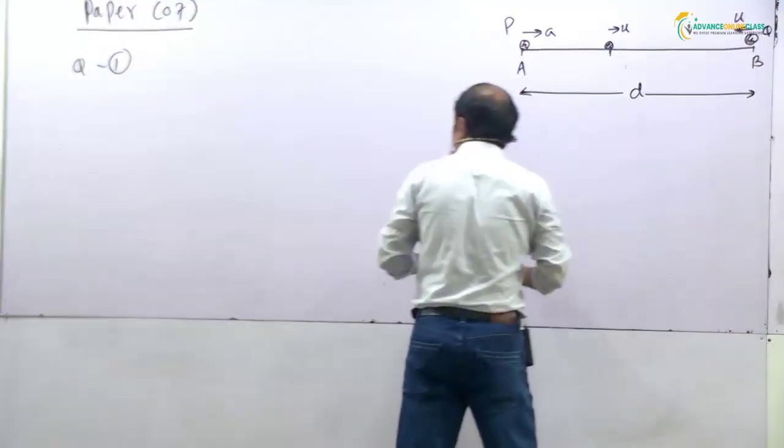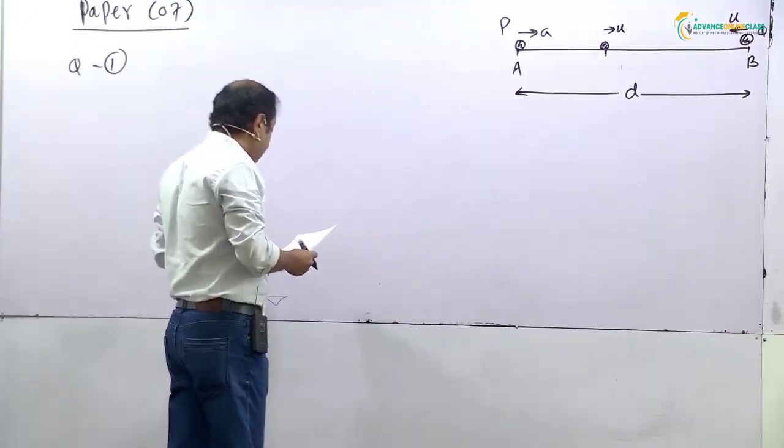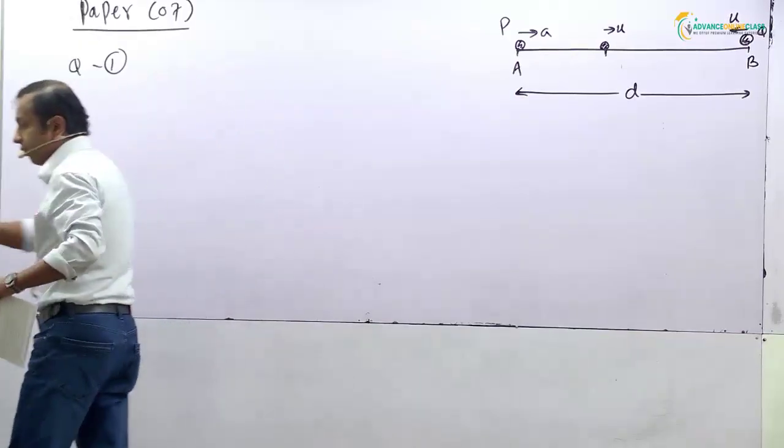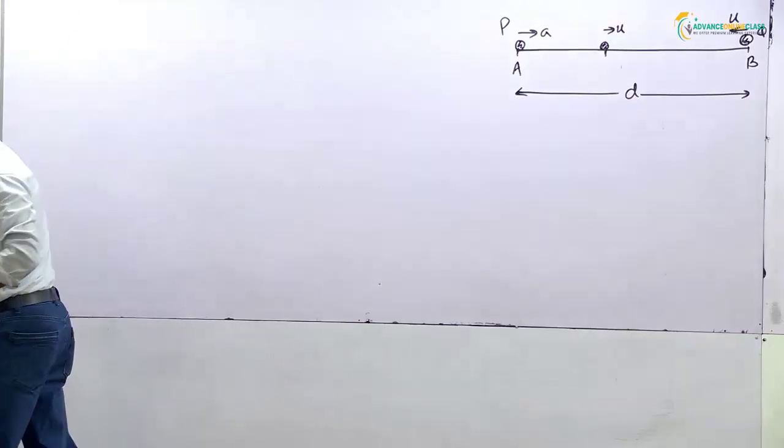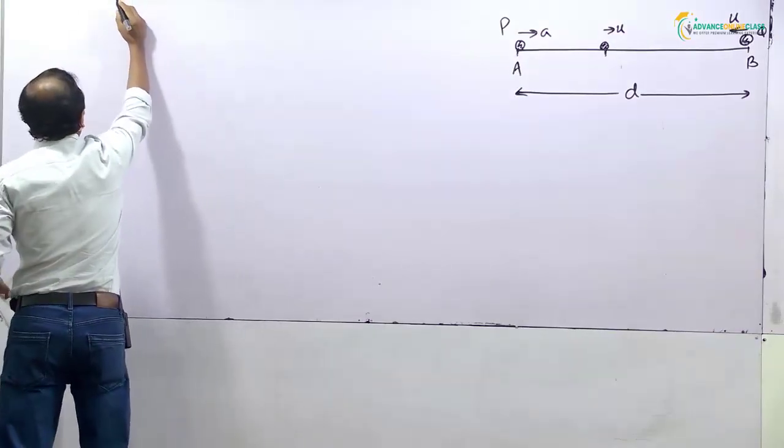So then the VT graph is asked. The VT graph has two axes for the positive velocity and negative velocity this way.